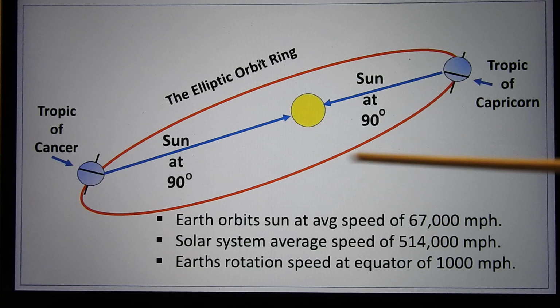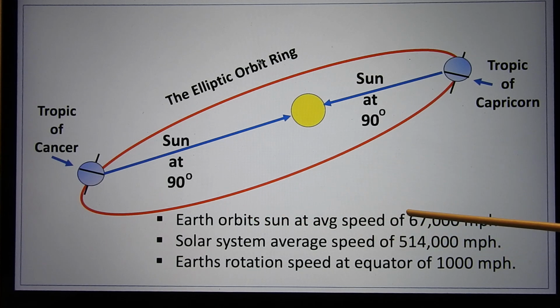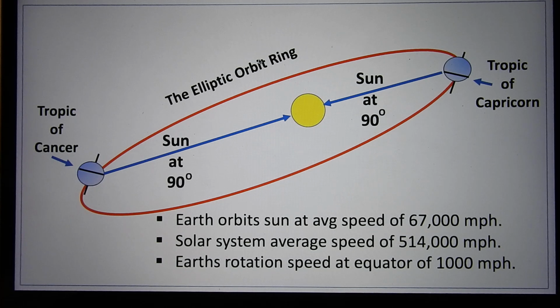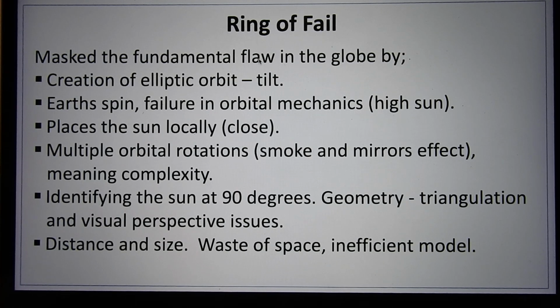Huge model. And here we see some of the information on the globe model. The Earth orbits the Sun at average speeds of 67,000 miles per hour. Solar system going through the universe at 514,000 miles an hour. Earth's rotational speed at the equator is 1,000 miles. So lots of moving pieces, and I think it's a lot of smoke and mirrors is what it really is.